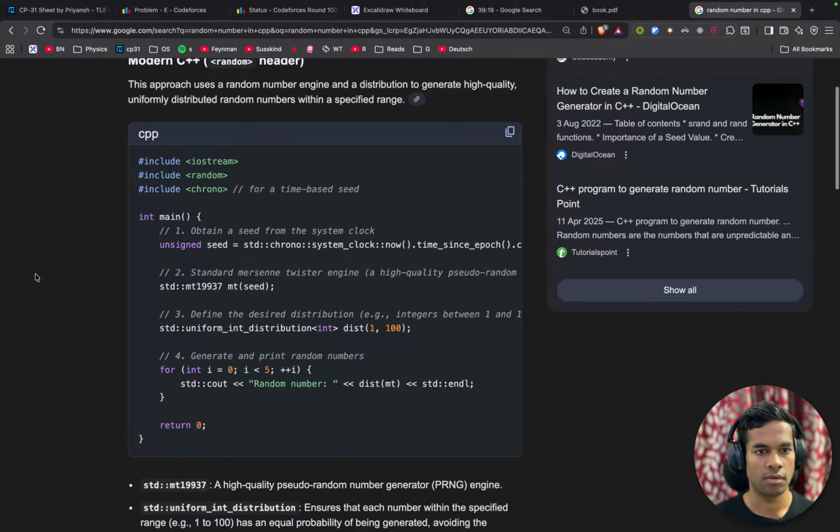Guess. Okay, we do have to include this. Empty, and now the distribution, normal distribution, uniform integer distribution, int distribution.